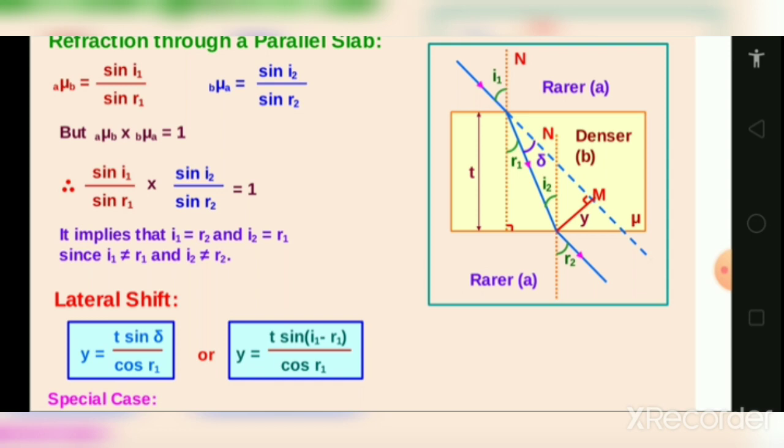That equation is the general result for more than 2, 3 or more media. You can also write n31 is equal to n32 multiplied by n21.